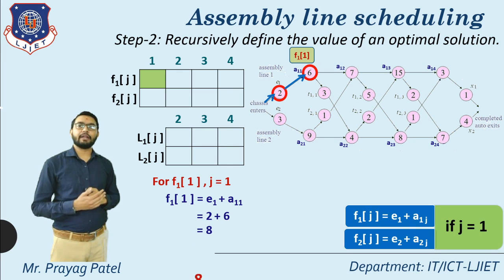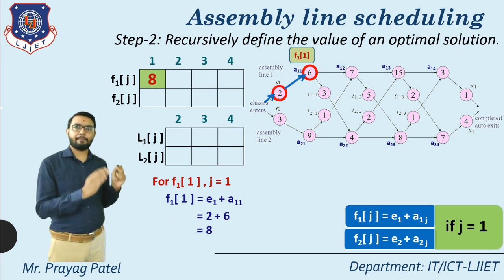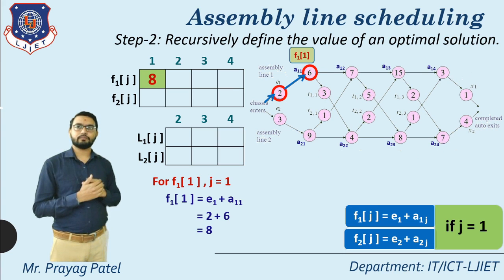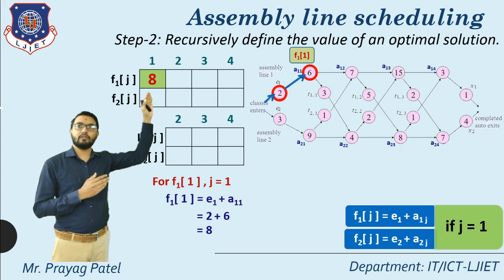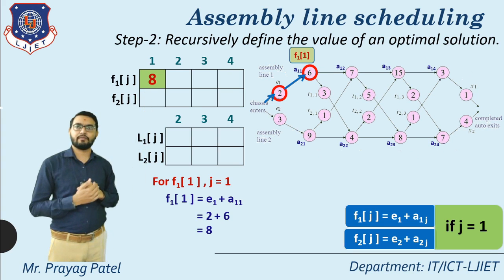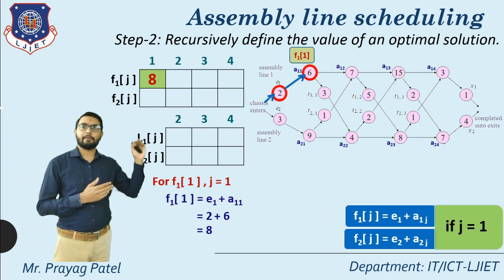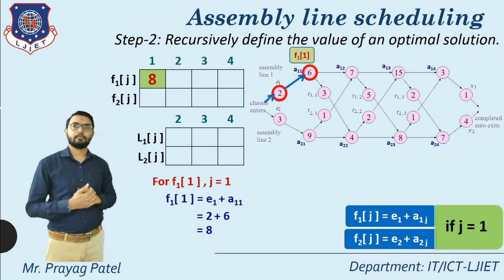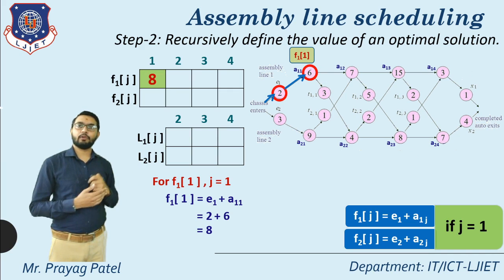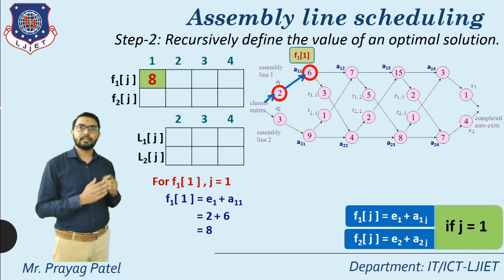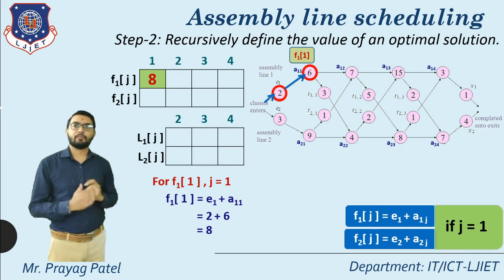Now put the value 8 in the location F of 1 1, because the column number is the value of j, and j is 1. So F11 equal to 8. Now find the value of F21. F21 means line 2 station number 1.